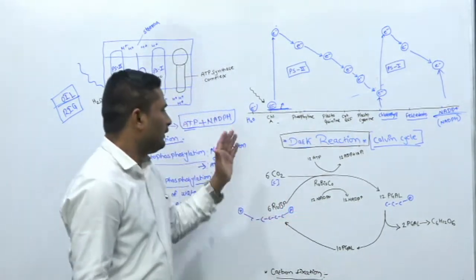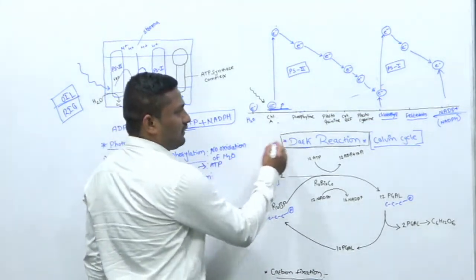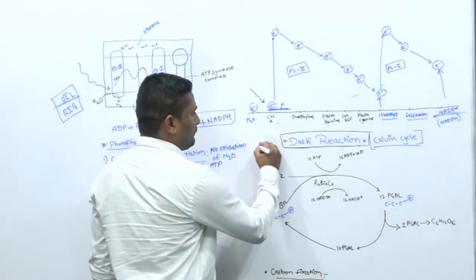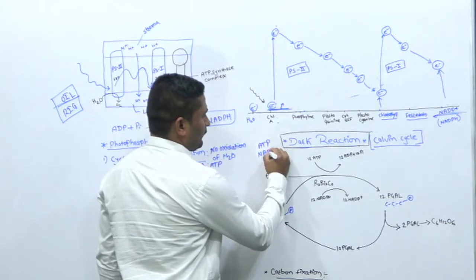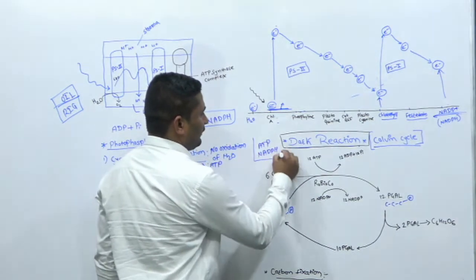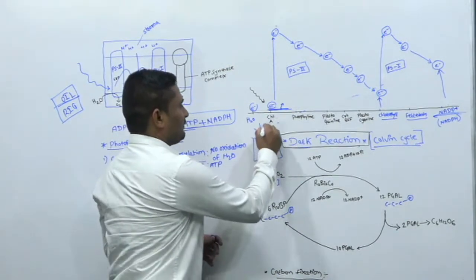Now what are the products of light reaction that are entering into the dark reaction? They are obviously ATP and NADPH. Both these molecules are high energy carrying molecules, ATP and NADPH. This we got from this light reaction.